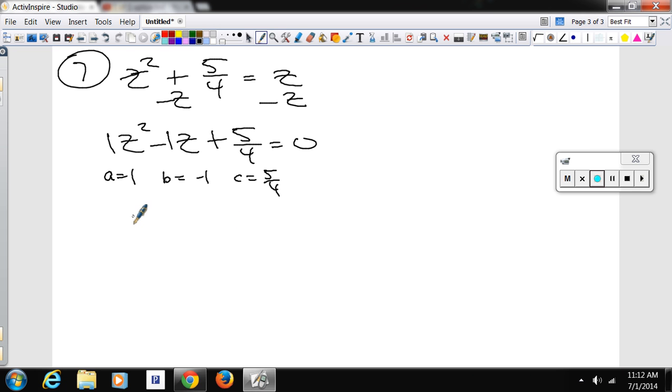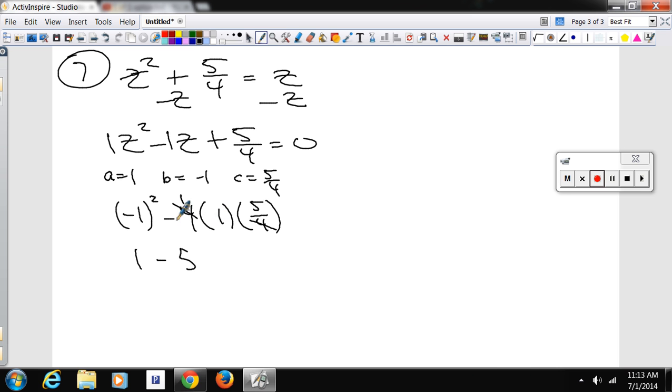So you're going to have b squared, which is negative 1 squared, minus 4 times a is 1 times c is 5 fourths. And then negative 1 squared is 1. These 4's can cross cancel. So you're just going to have a negative 1 times the 1 times the 5, which is going to be negative 5.